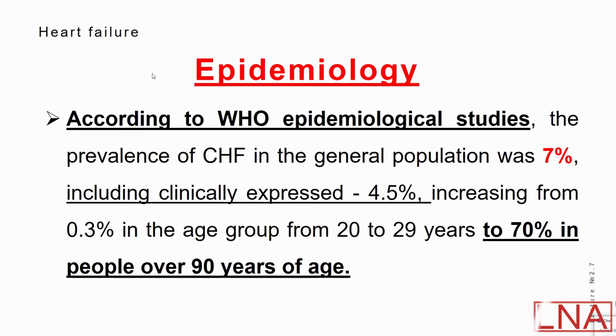Some words about the epidemiology of heart failure. According to the latest research of the World Health Organization, the prevalence of chronic heart failure in the general population was 7%, including clinically expressed heart failure, on average 4.5%, increasing from 0.3% in the age group from 20 to 29 years to 70% in people over 90 years of age or more elderly patients.